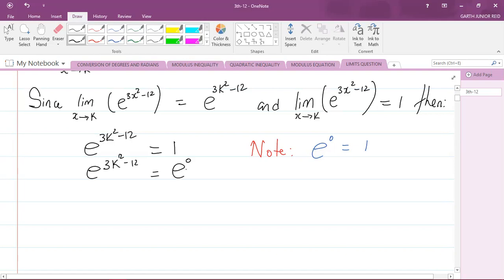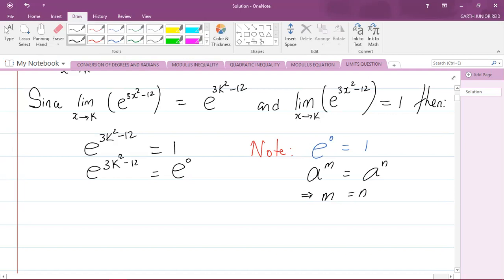Now, what is the reason why I wrote 1 as e to the power of 0? You should recall from the laws of indices that if a to the power of m is equal to a to the power of n, then the indices are equal, so m equals n.